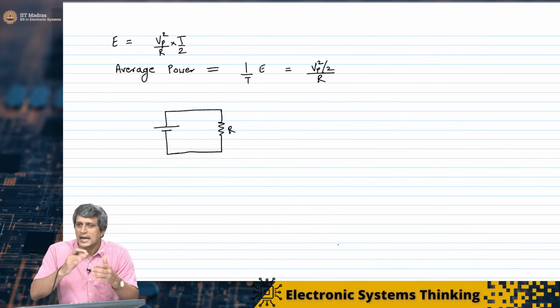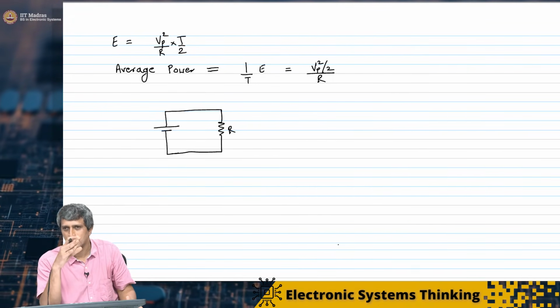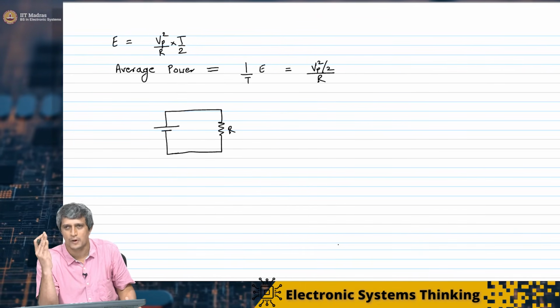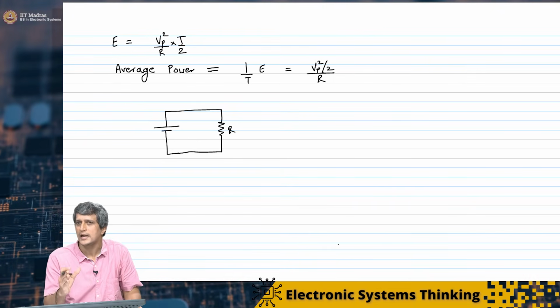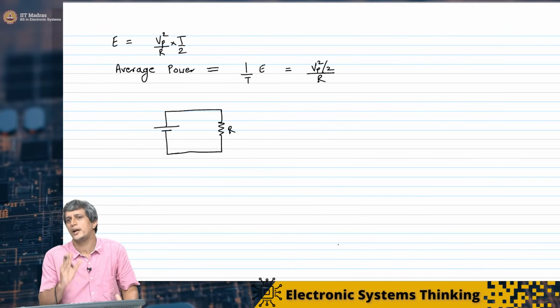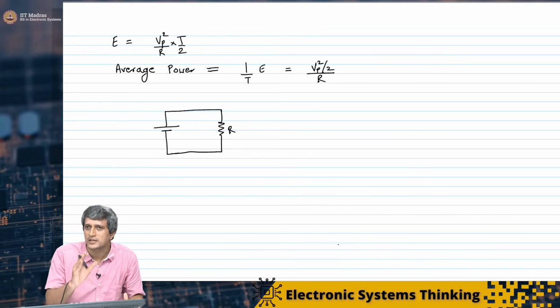That was a very high voltage, high current power supply which was giving us a sinusoidal wave, but I said that in order to calculate the power, it is okay to make this approximation.